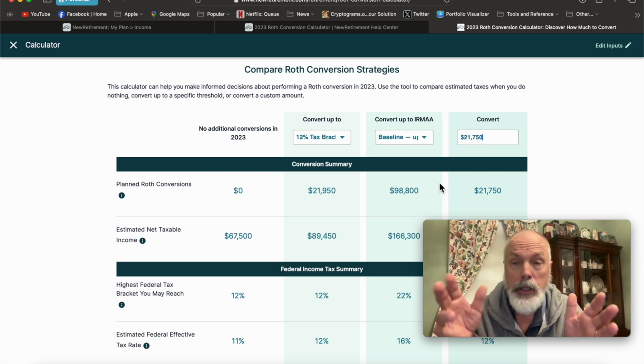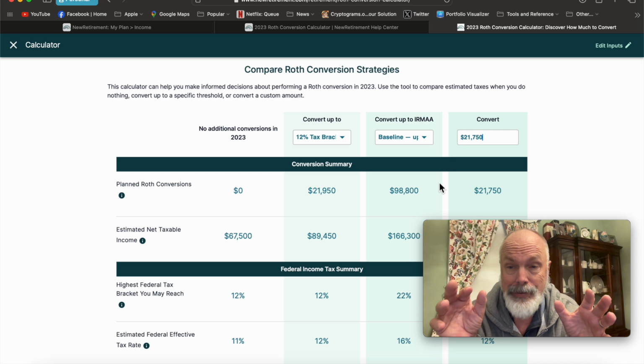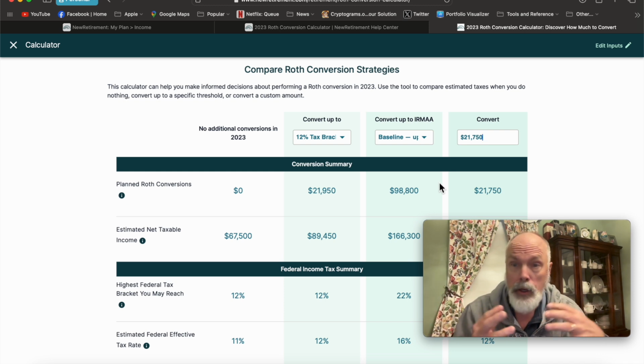But this is a clear, easy way of calculating how much you would want to convert in 2023. And it's one of the things that I would then test with some other engines to make sure it fits in your circumstances.